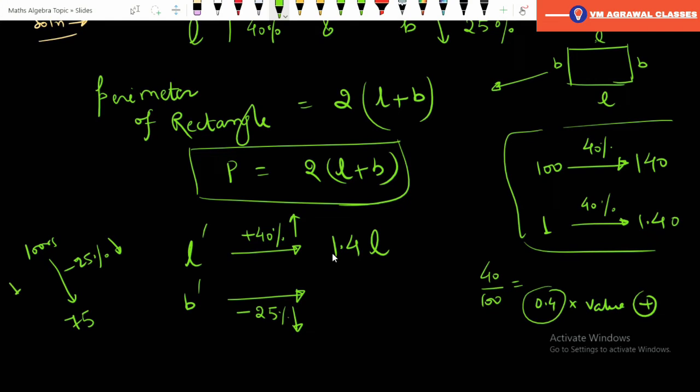Or if it is 1 rupee, then it will be 0.75. This small concept you should know. So B dash in terms of the older breadth B will be 0.75 B.